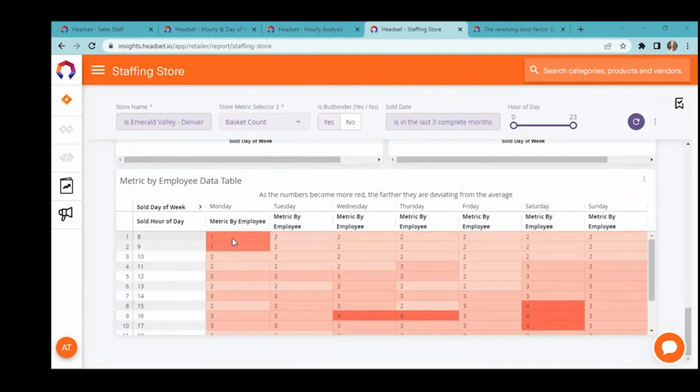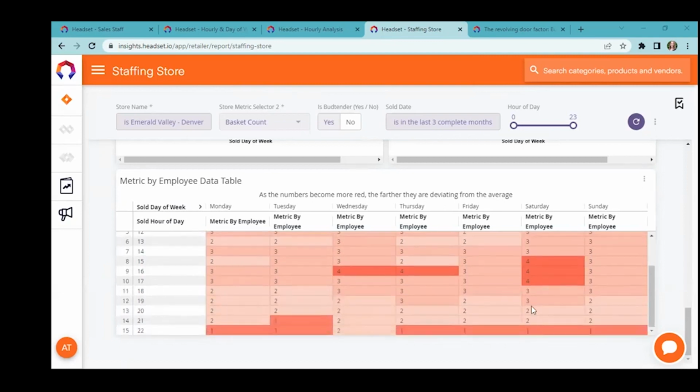Whereas on a Monday morning at 8 or 9 a.m., they have 1, which is not that much. And we know that 6 people are staffed on Mondays. If each employee is handling 1 transaction per hour, that's probably not necessary. We could probably have fewer people staffed during that hour. Whereas on Saturdays, maybe we need more people on the floor to handle all those transactions and demand. That's one way of looking at this.